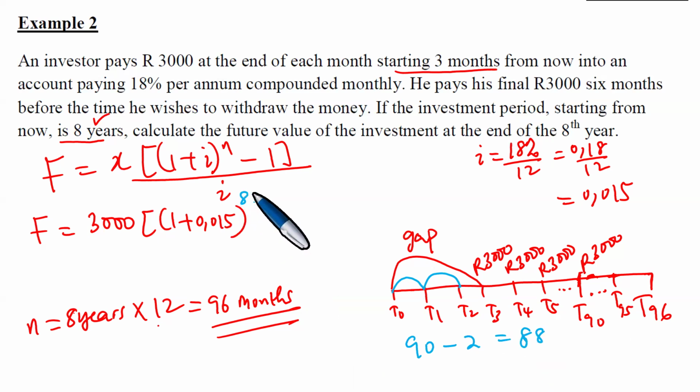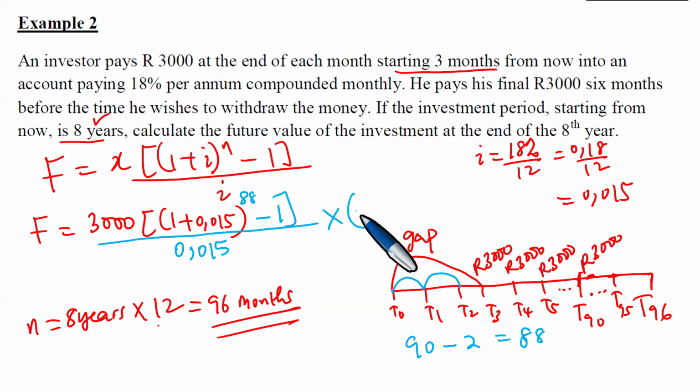So here the n as power is 88, minus 1. You divide by 0.015. And then you multiply by 1.015. And then you say, but now you stopped paying, and for the 6 months you're going to put 6 here.